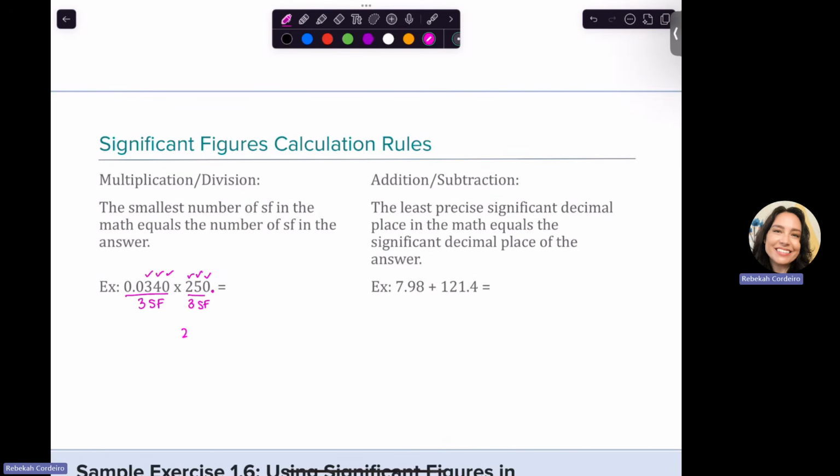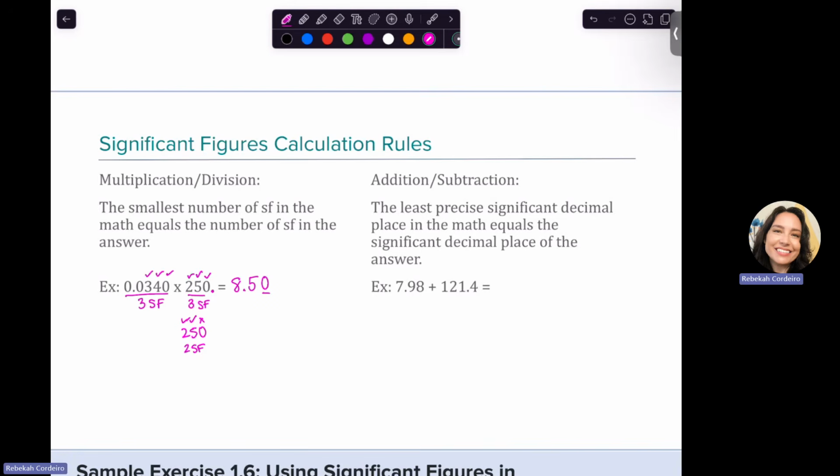If the decimal is not present, the zero would not count and it would have 2 sig figs. So you see the difference there? So our answer would need to have 3 significant figures because between 3 and 3, 3 is the lowest number of significant figures. So my calculator just gives me 8.5, but I need 3 significant figures, so I'd have to add a 0 there.